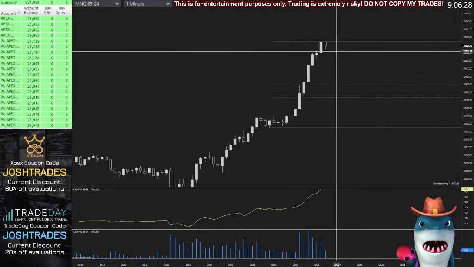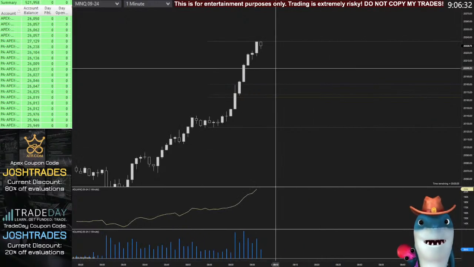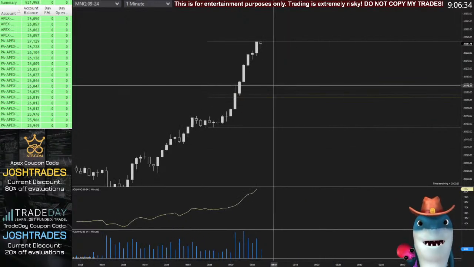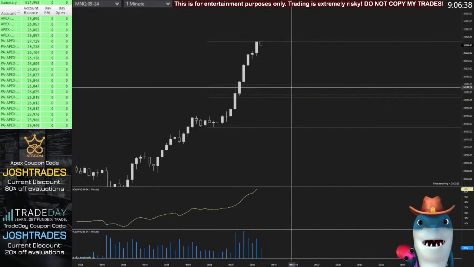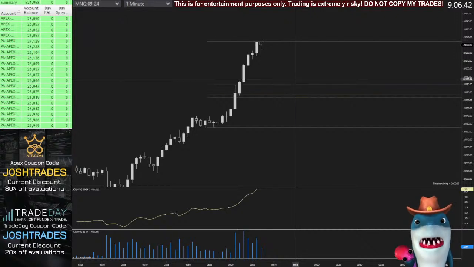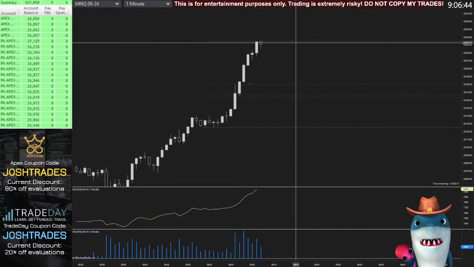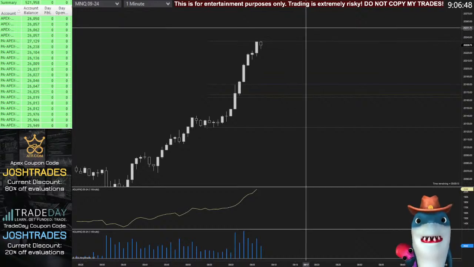If we can chop around here a little bit, maybe put some pivot lows around the 0.5 fib level, that'll give me reason to enter the market. But until it does that, yeah, I just have to be patient.